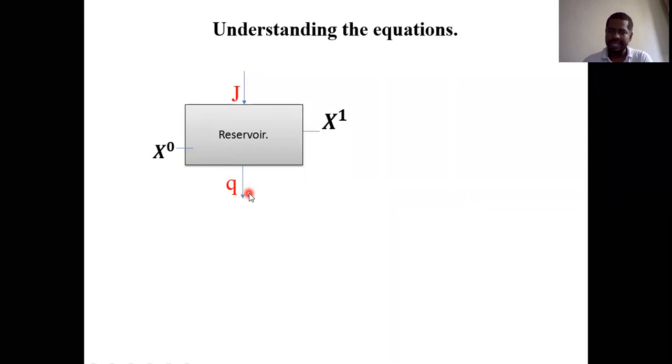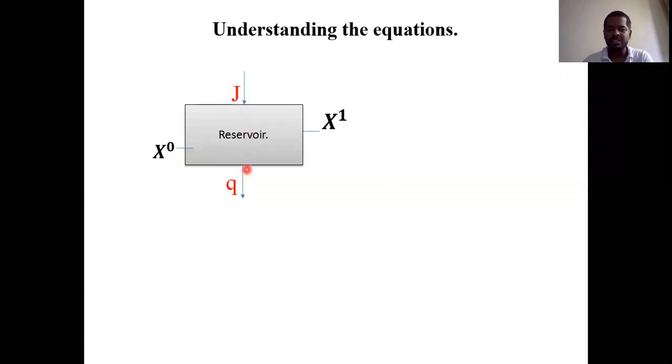So how can we write it? X naught is already present in the reservoir. Forgetting X naught, the water content is J and Q only. The J amount of water is incoming and Q amount of water is outgoing. In terms of J and Q, if you want to write the net amount of water stored in the reservoir, how can we write it?